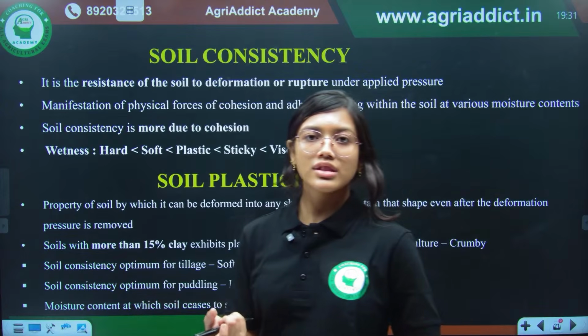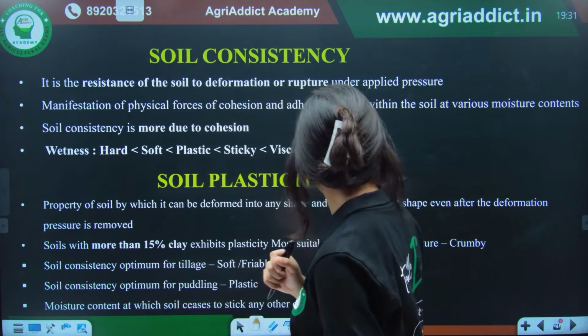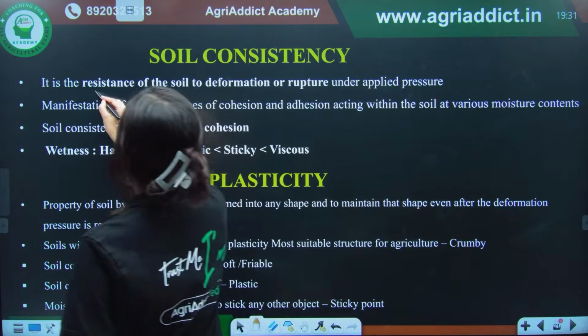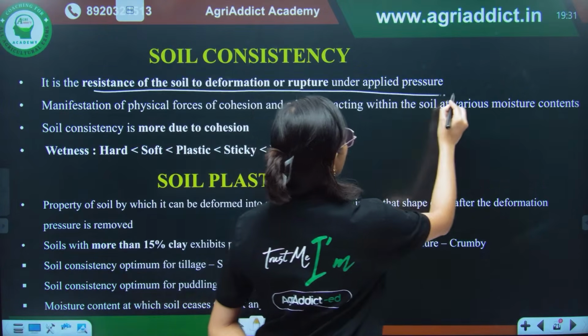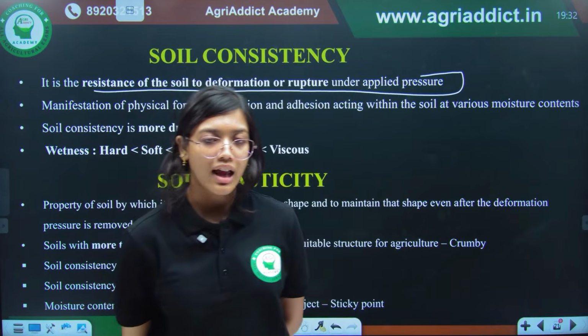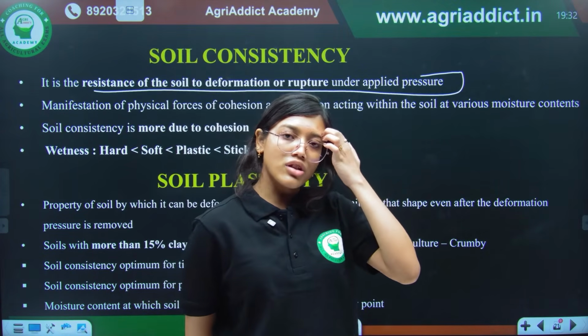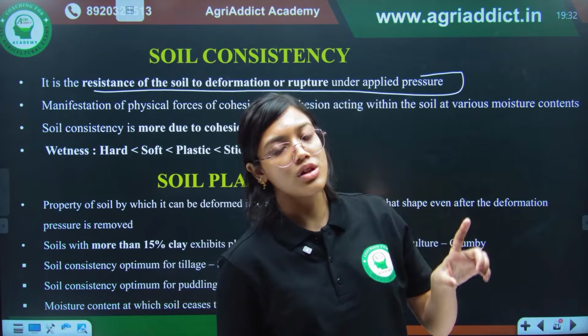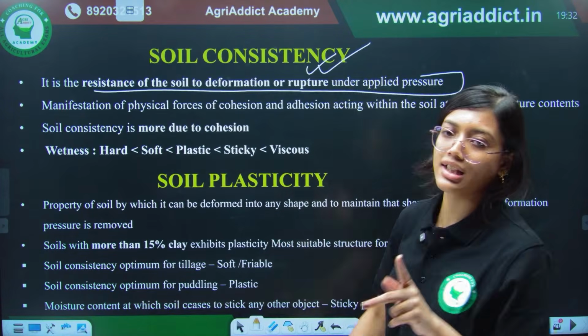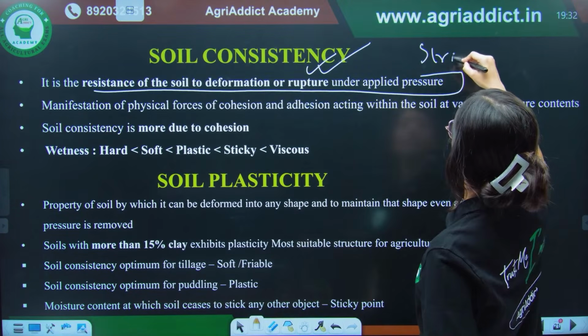Now, we will move into the next important part of this topic, which is soil consistency. So, what is consistency? It is the resistance of a soil to deformation or rupture under applied pressure. Those of you who have seen my marathon class for CVT PG know that I stress two definitions: soil consistency and soil strength.